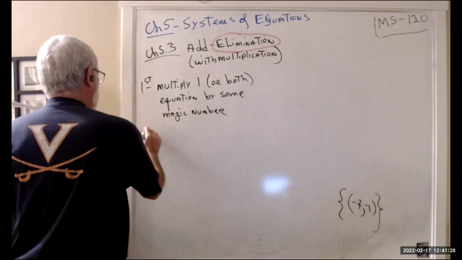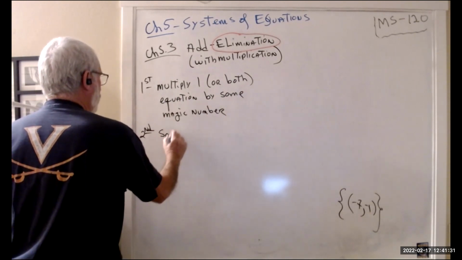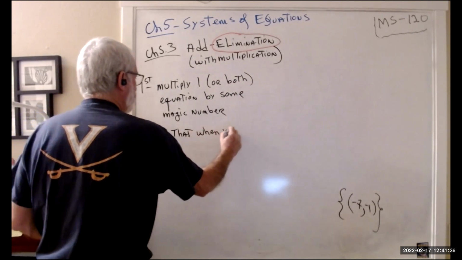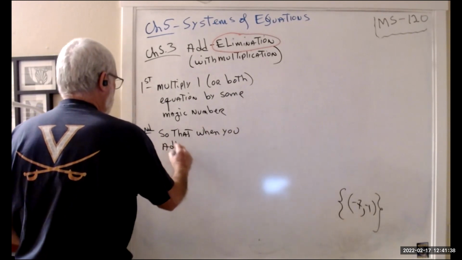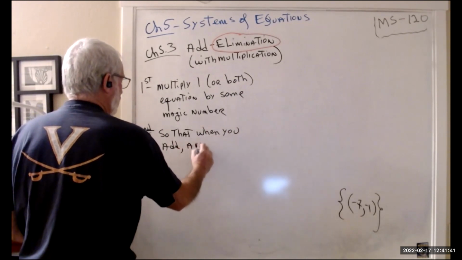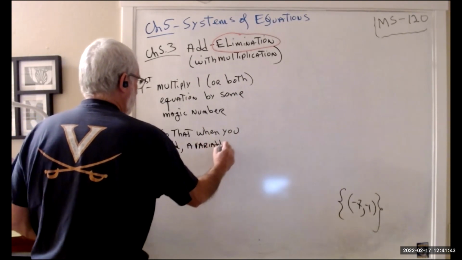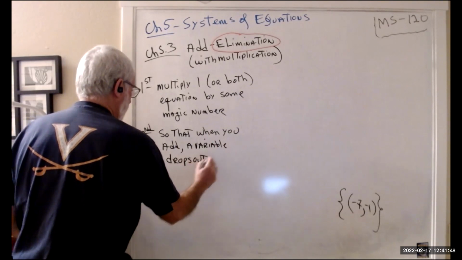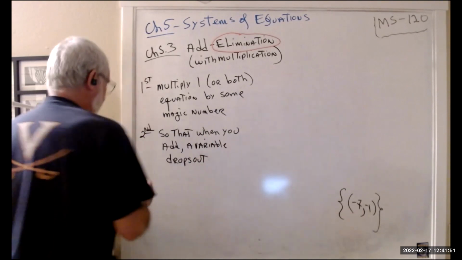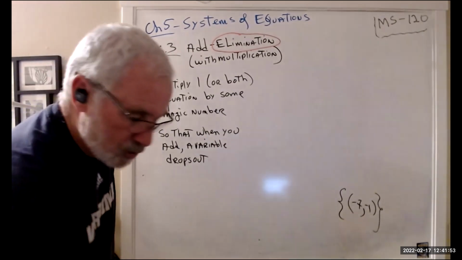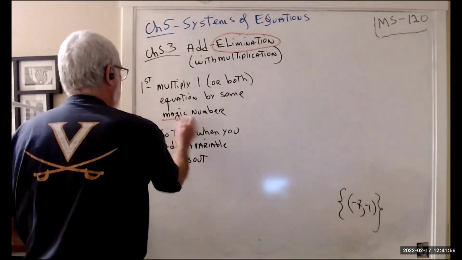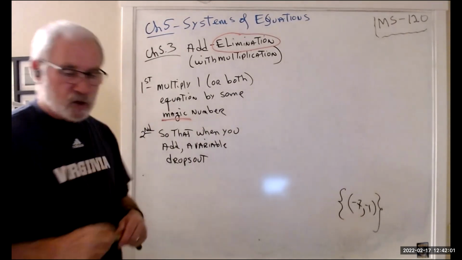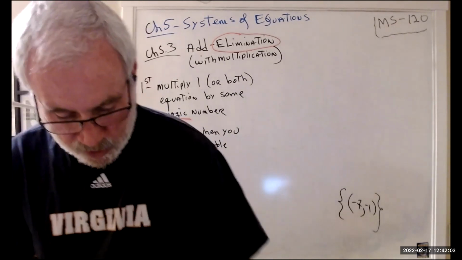Step 2, so that when you add, a variable drops out. Okay, that's the main steps. The key is what's this magic number bit? Sure as hell doesn't sound like math. The magic number makes opposites. So I'll show you what we're going to do here.